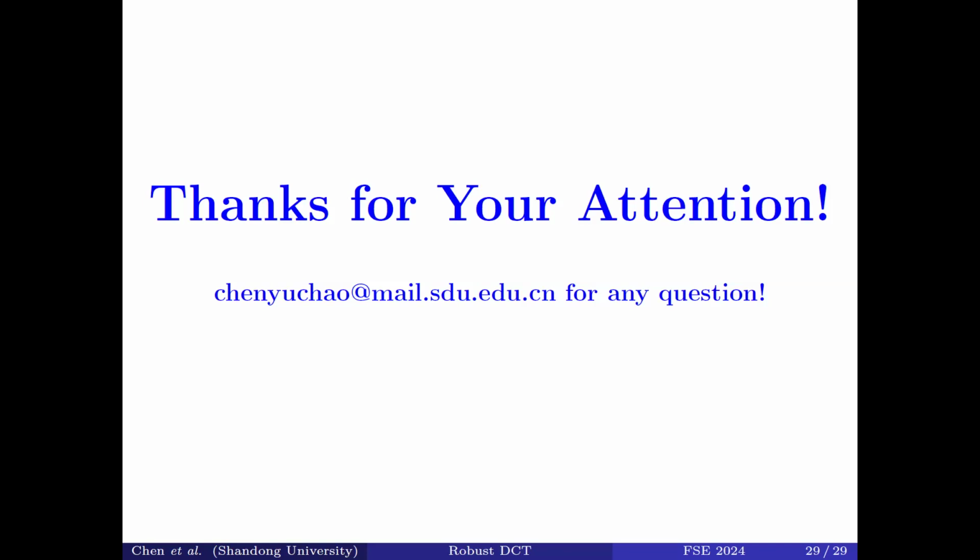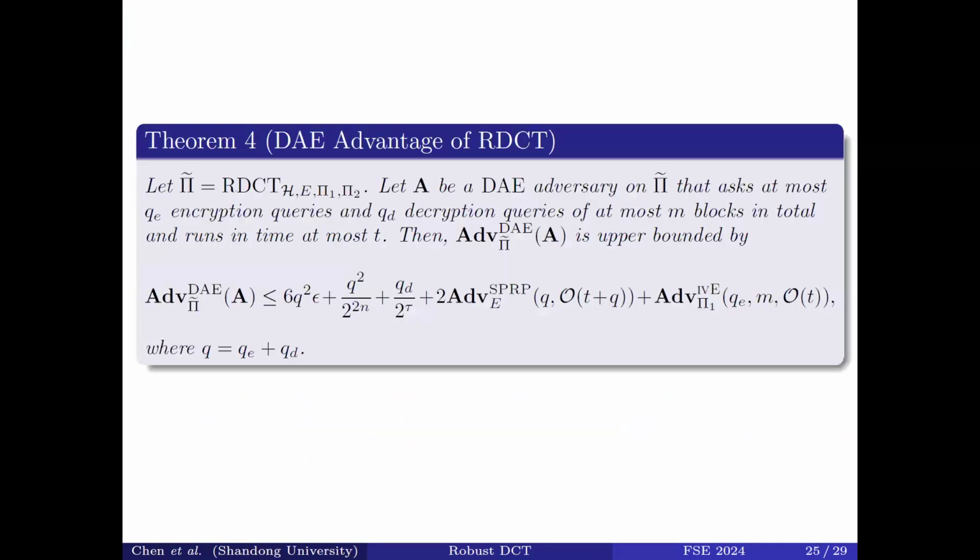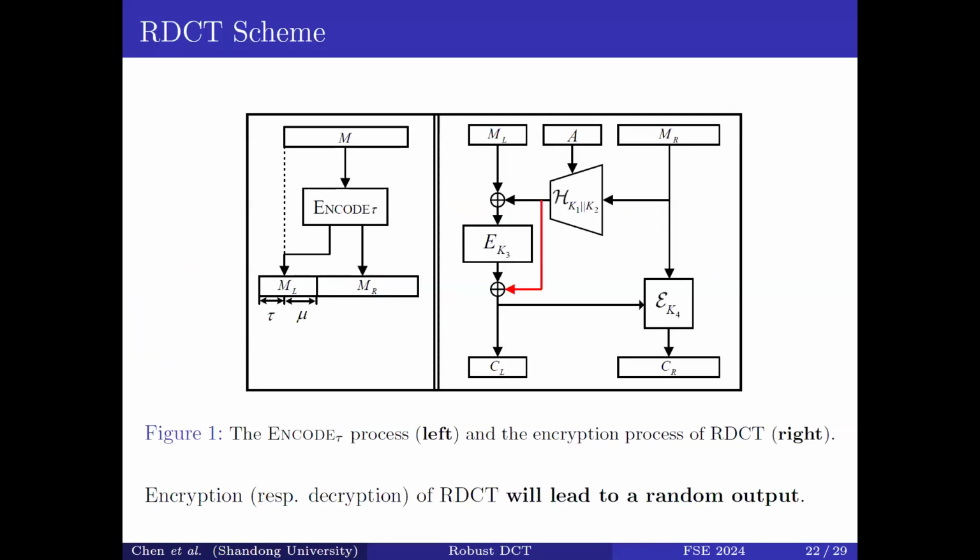Other questions? So maybe I have one question. In the robust scheme, you added one line to the output of the block cipher? Yes. Can you explain why this solves the issue of the length independence? If you have some high-level idea why this solves the issue?